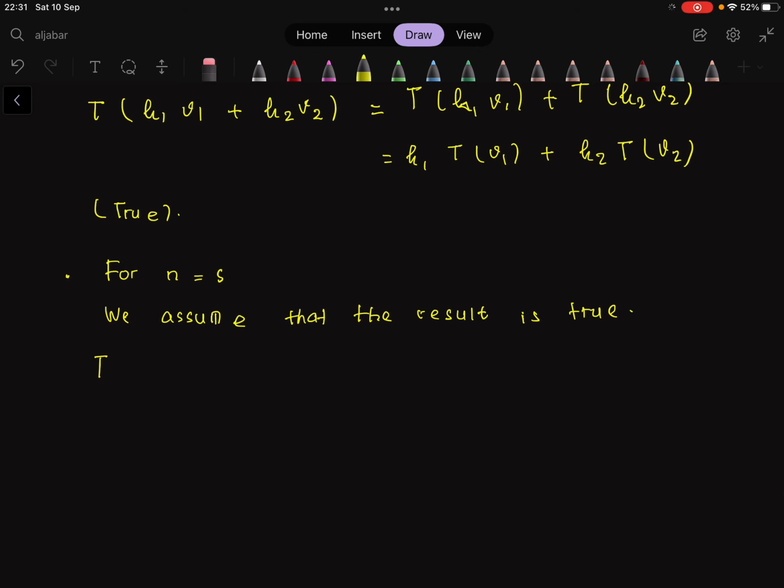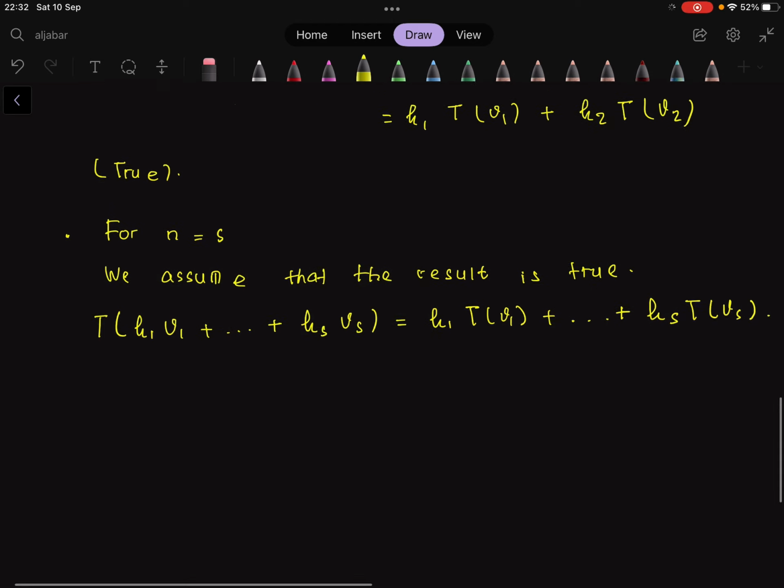So here we have T(k1 v1 + ... + ks vs), which is equal to k1 T(v1) plus ... plus ks T(vs).